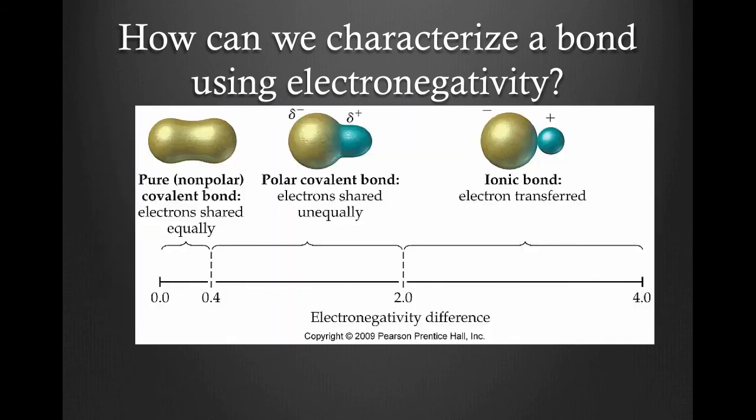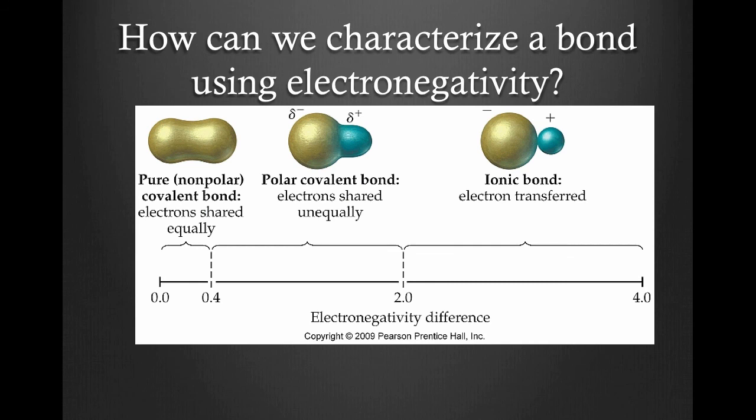So if we look at what's happening with the electron densities in a pure covalent bond, we see the electron density is equally distributed around the two atoms, and that's happening between electronegativity differences of 0 to 0.4. Now with a polar covalent bond, it's still a covalent bond, they're still sharing electrons, however the electron density is going to be greater around one atom than the other, and you can see here in gold that atom is more electronegative, and so we're sharing the electrons unequally, and that's called a polar covalent bond.